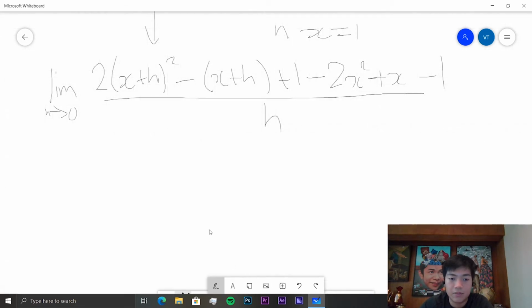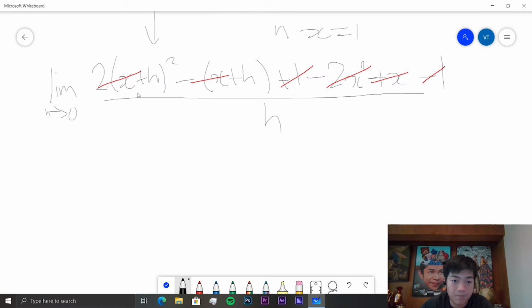So this will be equal to, if we cancel out the 1s, and we already cancel out the 2x squared and the x's, what we get from this is 4xh plus 2h squared minus h all over h.